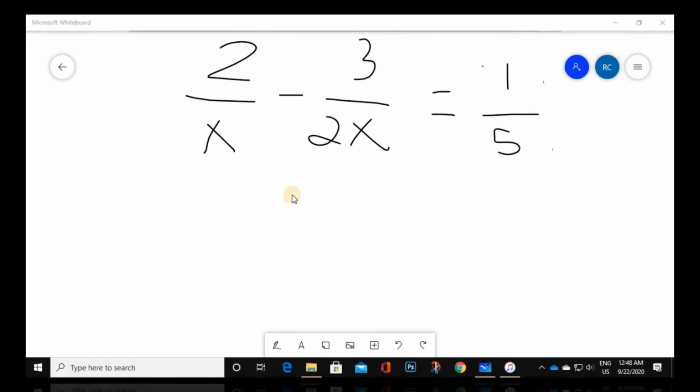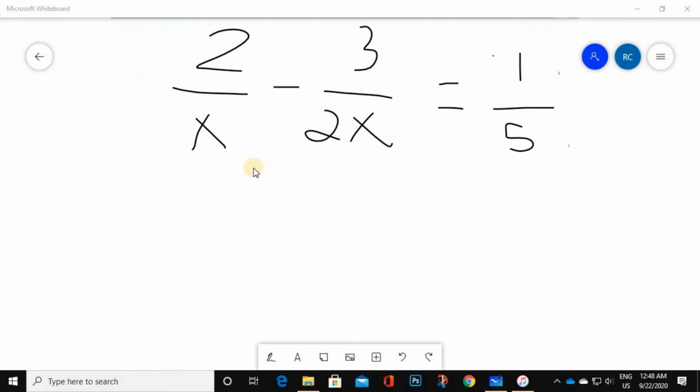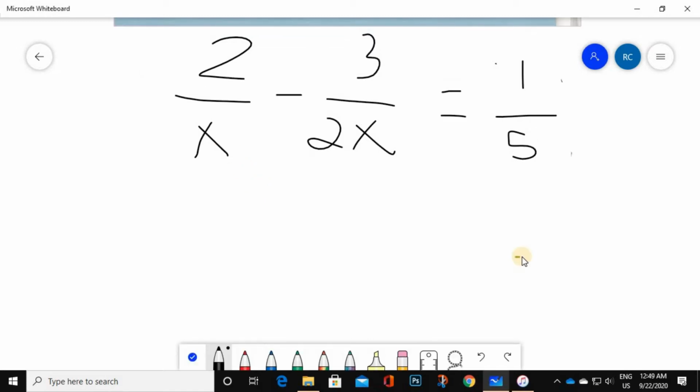So we are going to illustrate the solution for finding the value of x. Here we have the denominators x, 2x, and 5. So the LCD, or least common denominator, is 10x.